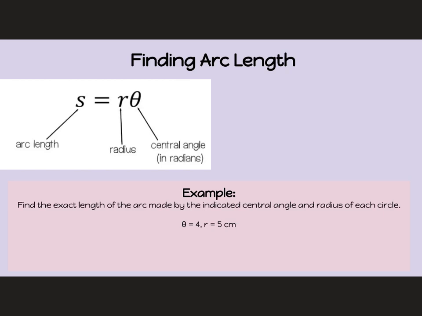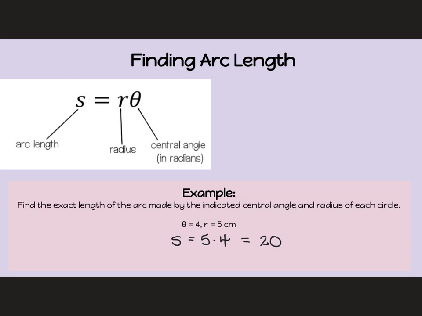So it says find the exact length of the arc made by the indicated central angle and radius of each circle. So you're just going to take those and plug them in. So S equals 5 times 4. And so you would get 20.